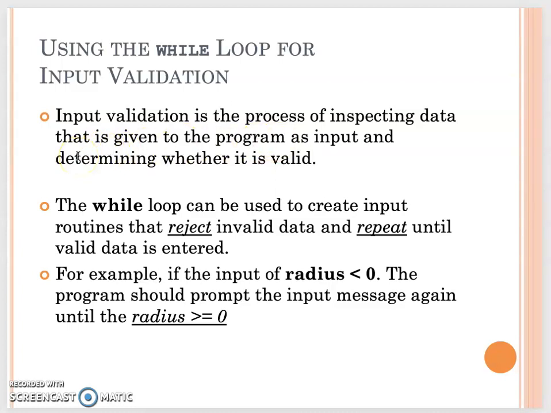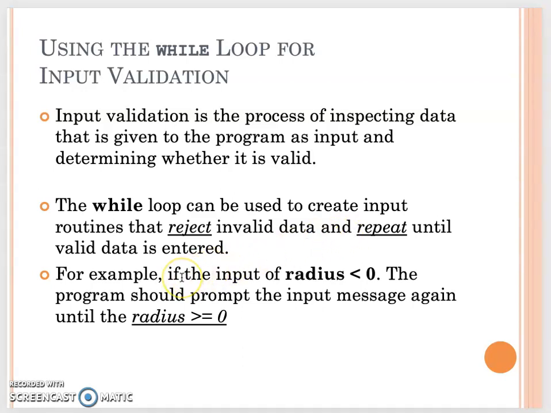If we add the while loop to input validation, we can create an input routine that will reject the invalid data and repeat asking the user for input until valid data is entered.